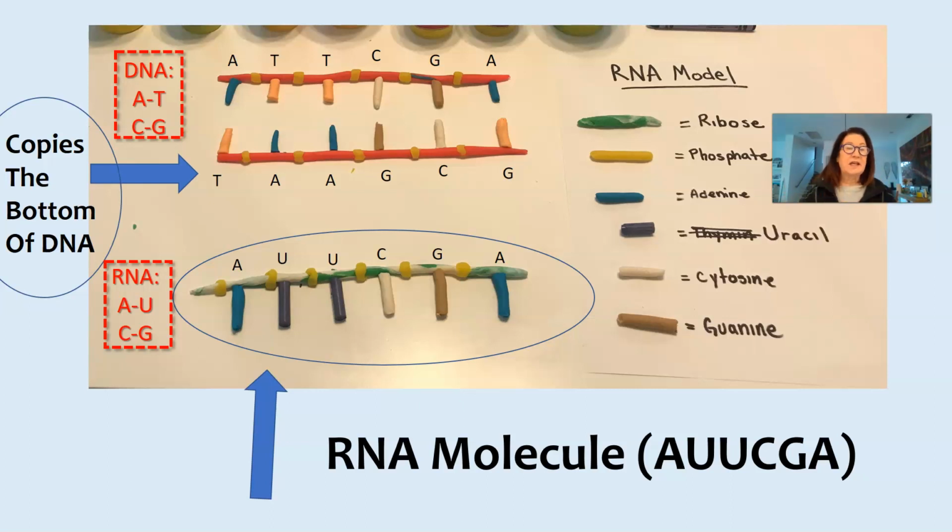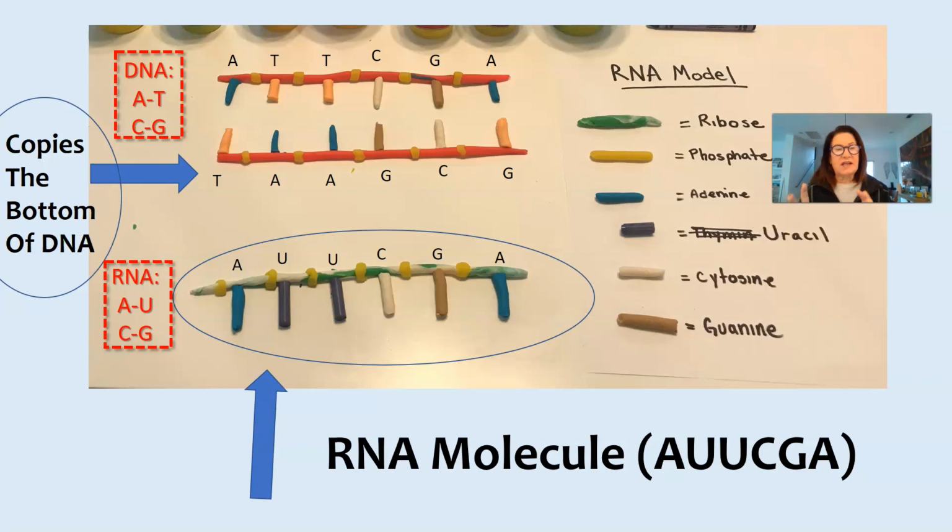That's where the R is coming from in the name. R comes from ribose, so DNA has the D for its sugar, deoxyribose, and RNA is R because it's a ribose sugar. Okay, so that's one difference. We have a different type of sugar.